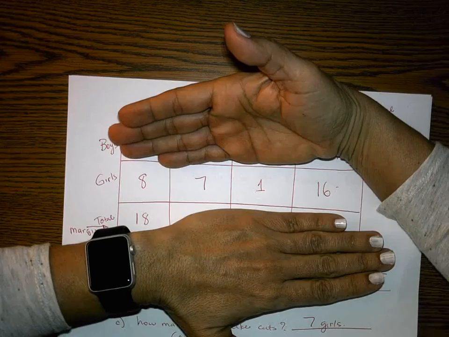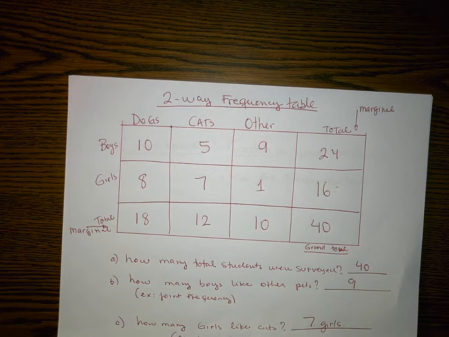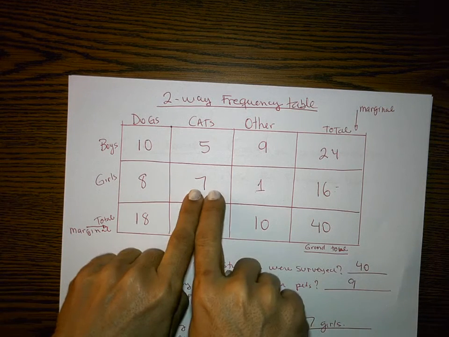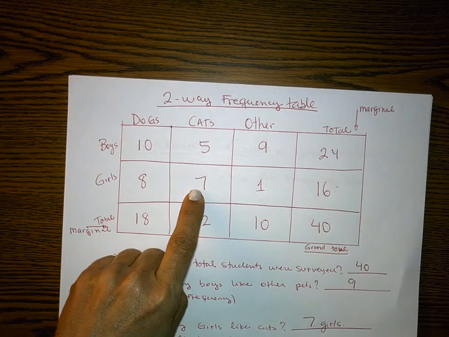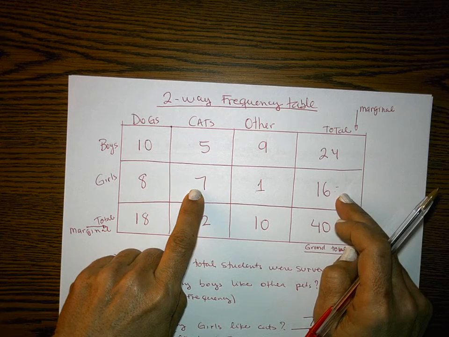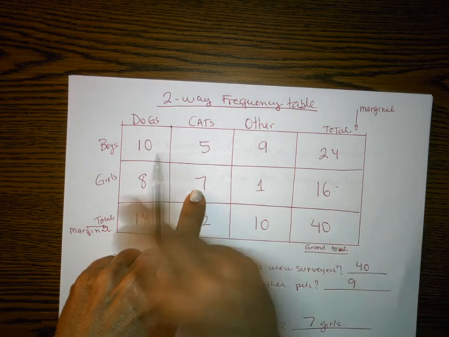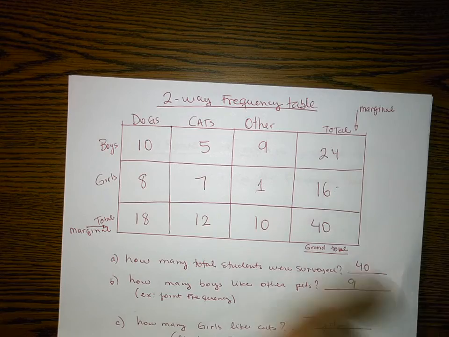So we have 7 girls that like cats, but given that I'm taking the percentage only from the girls, that would be 7 divided by 16. That would be the condition that I only want girls. And the question would be something like this, okay?